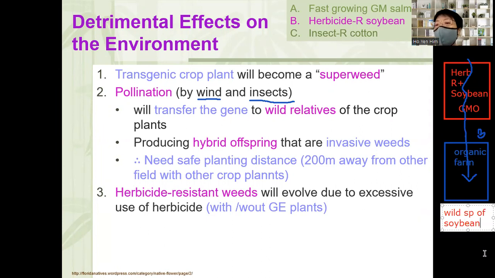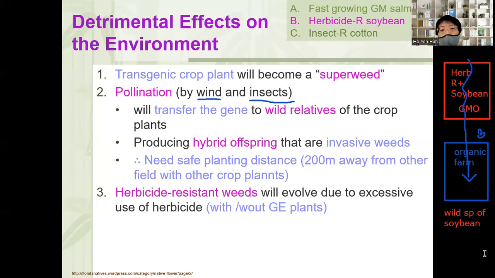Let's say, for example, she also plants soybean, but it's a different species, right? Because organic. Now, in plants, it's very interesting. In plants, different species can interbreed. For example, think of orchid. There are so many different types of orchid, right? In terms of size, color, shape.